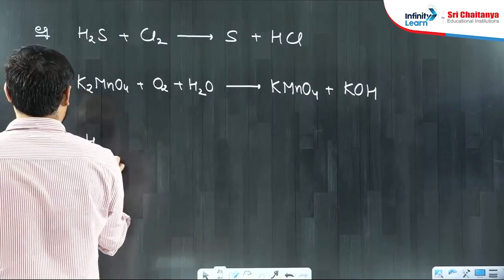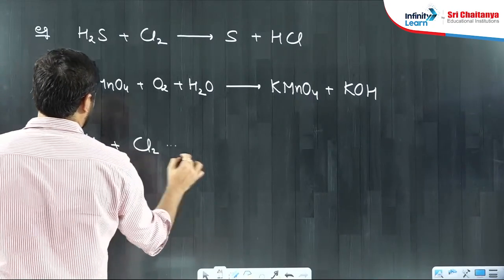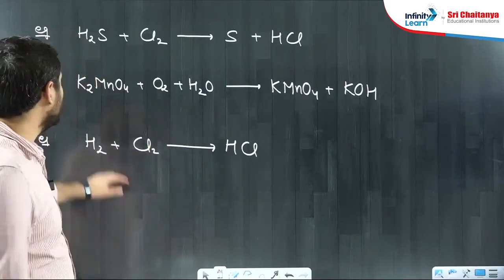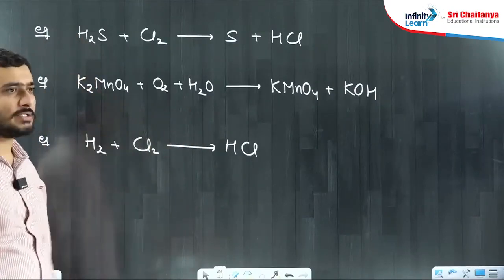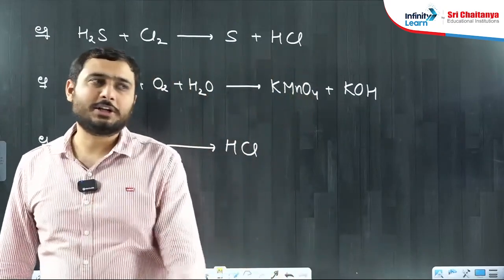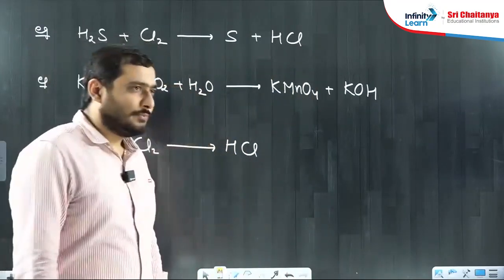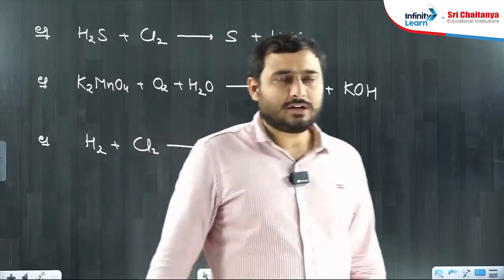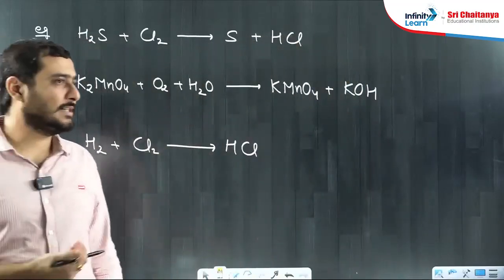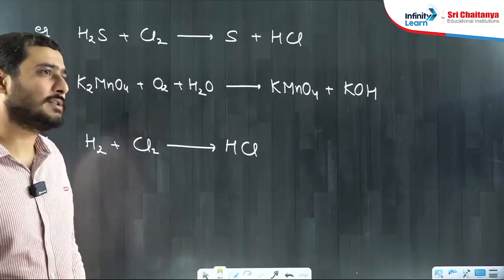Next is H2 plus Cl2 gives HCl. So these 3 examples I have written. You have to find out which is getting oxidized and which is getting reduced. For that you have to write the oxidation number for all the species. So first write down all the oxidation numbers, in the first one for sulfur and chlorine, and then find out which is getting oxidized and reduced.